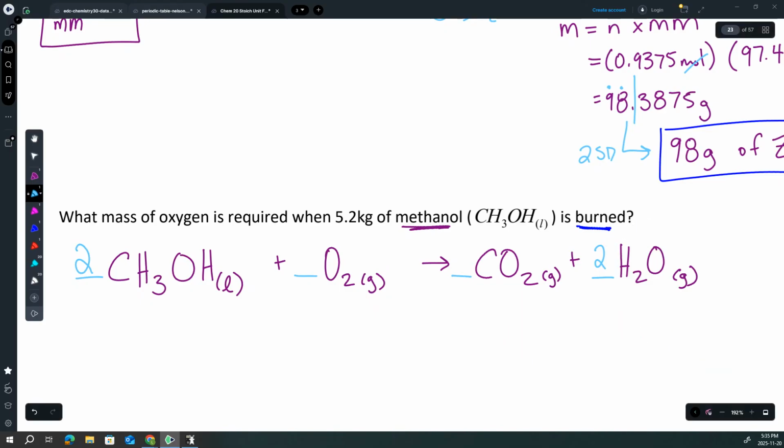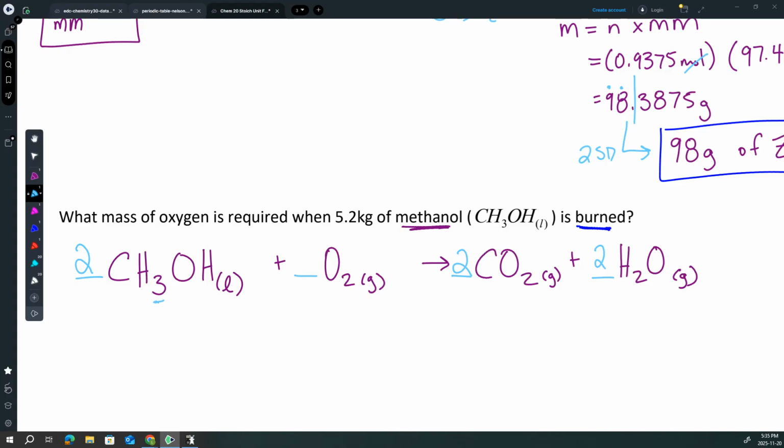Okay, so we're going to start back at carbon. So we got 2 carbons coming in. Now we need 2 carbons coming out. Okay, so carbons are balanced now. I do know that that's going to throw oxygens out of balance once again, but that's okay. Let's just keep on going the way we were going.